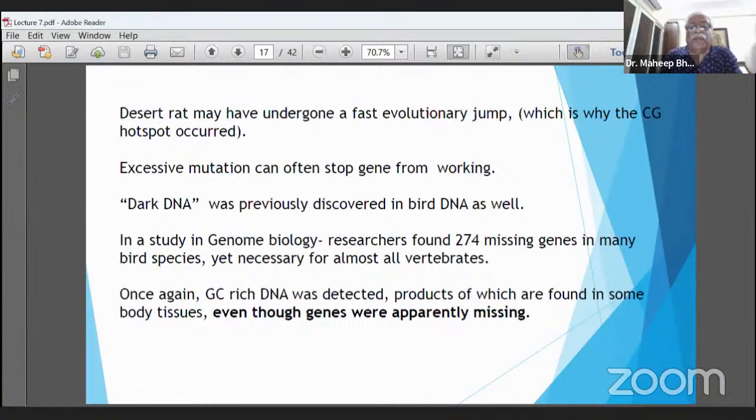In other animal species, such as birds, this type of dark DNA was also discovered, and a study has shown that about 274 missing genes in many bird species were reported.